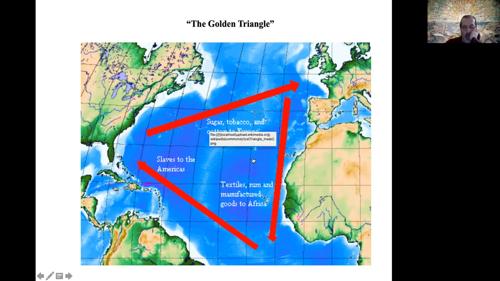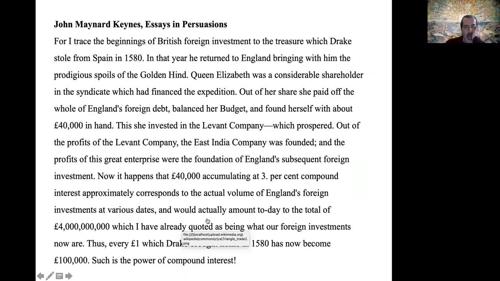Well, by trade, of course, we are talking about slave trade, sugar, tobacco, and also colonialism, destruction of local villages, local people, local organizations, etc. This is later to be called imperialism, basically.